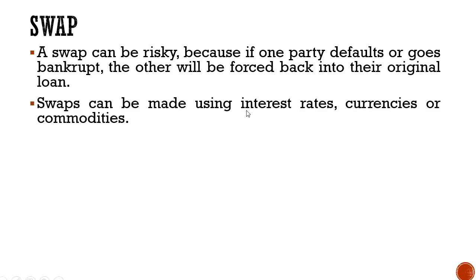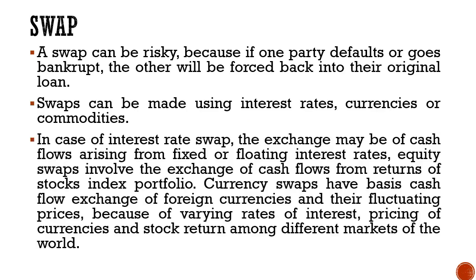Now, there are different types of swaps. Swaps can be made using the interest rate, which I already explained with the previous example. It can also be done through currencies or commodities. In case of interest rate swap, the exchange may be of cash flow arising from fixed or floating interest rate. This we already learned through the previous example.